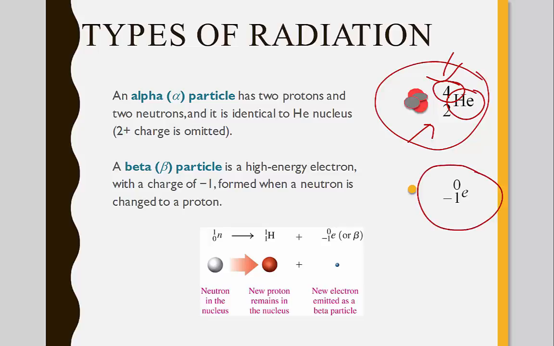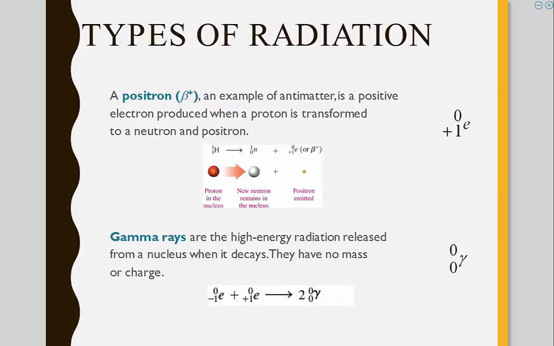The beta is way smaller. Notice that there's no mass to it whatsoever, so the mass number is 0. Its bottom number is actually -1. It's actually an electron that comes out of the nucleus, which seems odd, but that is how it works. A positron is the exact opposite of the beta, because it has a +1 at the bottom rather than a -1.